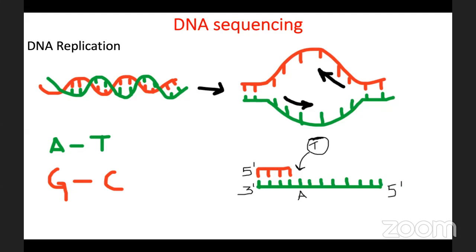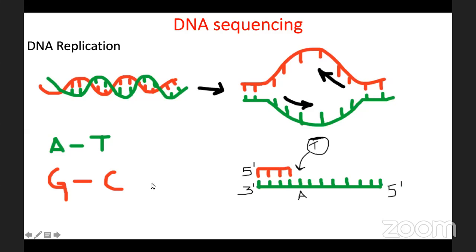If you have a template strand, you can see it at the bottom of your slide. In that template strand, if A is there, then T has to be incorporated opposite it. The A is basically the information in the template strand. From this information, if it has to be replicated, T has to be incorporated in the strand which is being synthesized.